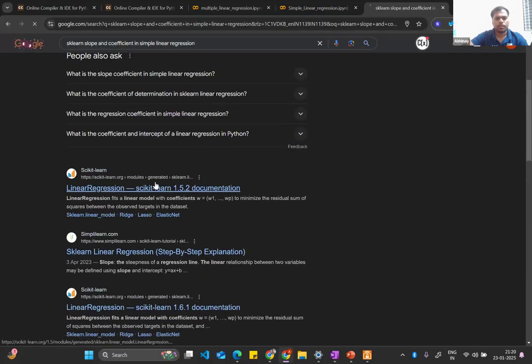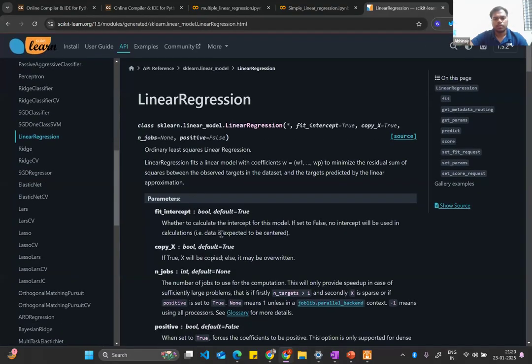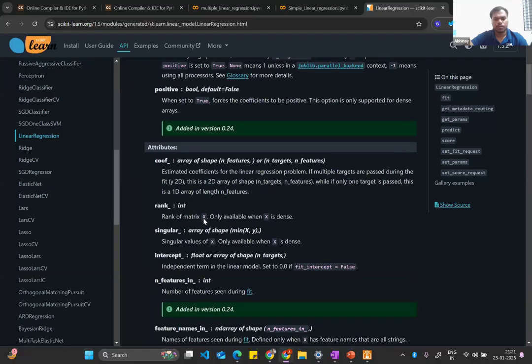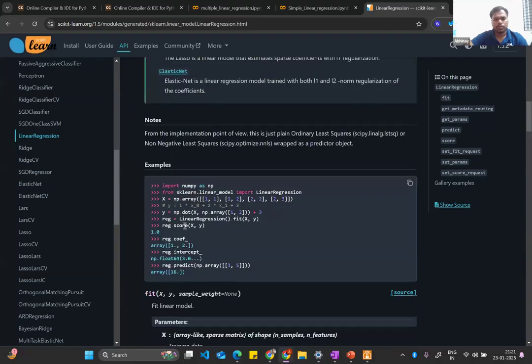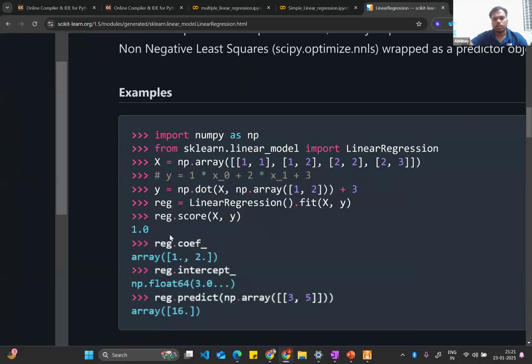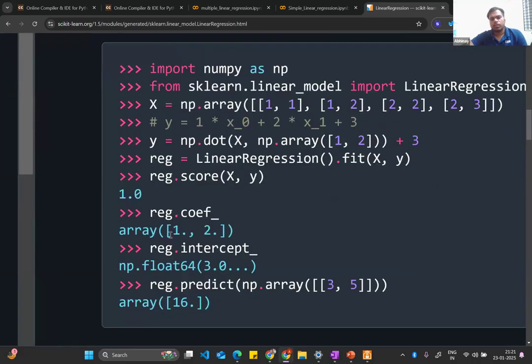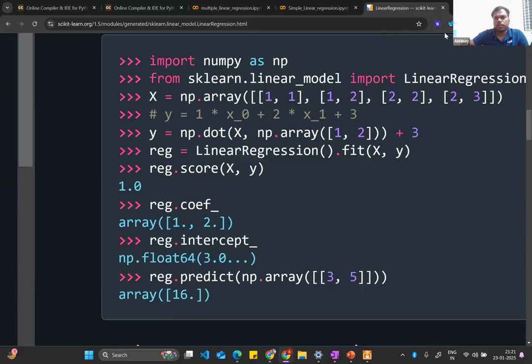Just like we did till here, we had fitted the linear regression.